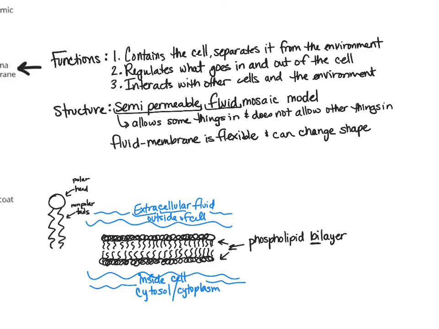Now, this fluidity is due to the fact that these phospholipids can move around inside of the membrane. So this one can move over here, this one can move over here. They can all shift around. If you think about putting some beads in water, let's say you fill a tub with some water at the bottom and you dump a whole bunch of little round beads in there.